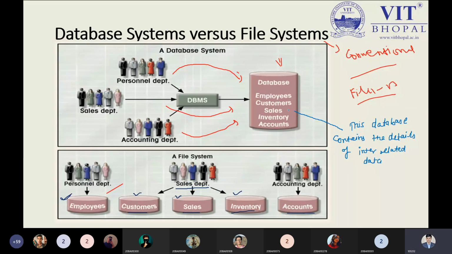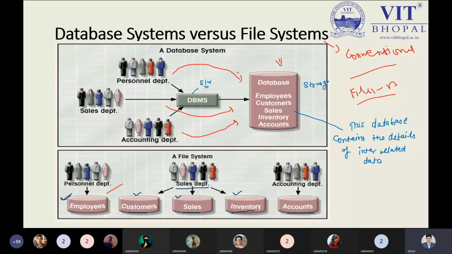Employee data, customer data, selling data, inventory data, and account data. And I can use any database software, that is, a database management system based application, to store the data. And this is our storage device.